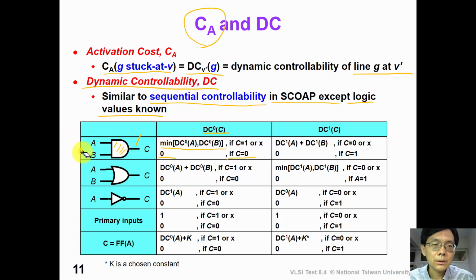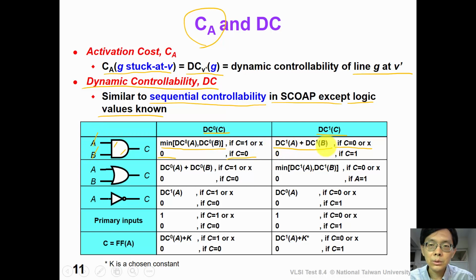Similarly, if we want to control output C to 1, if C is now 0 or X, then we need both A and B to be 1.